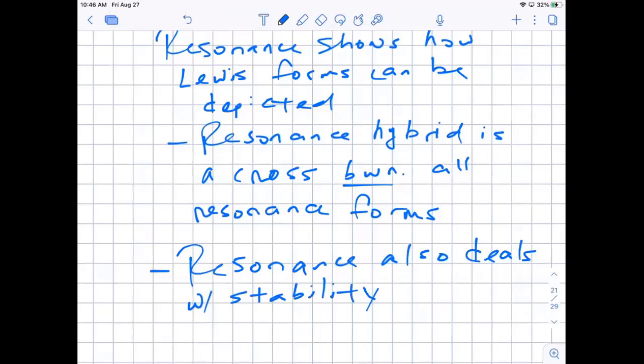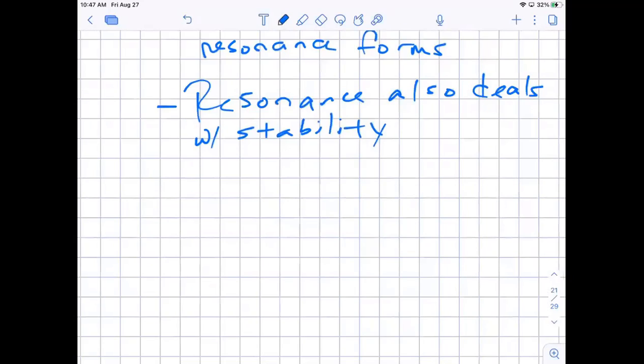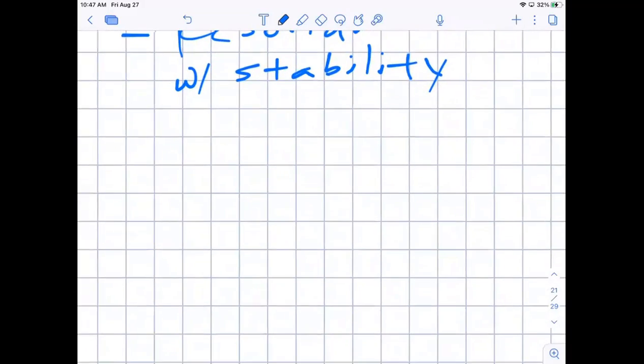You're gonna hear this term stability thrown around a lot. What it literally means is that when we're doing anything in chemistry, it's always gonna come down to how stable or unstable something is. More stable is good, less stable is bad. It's that simple. But let me show you an example of why this matters.